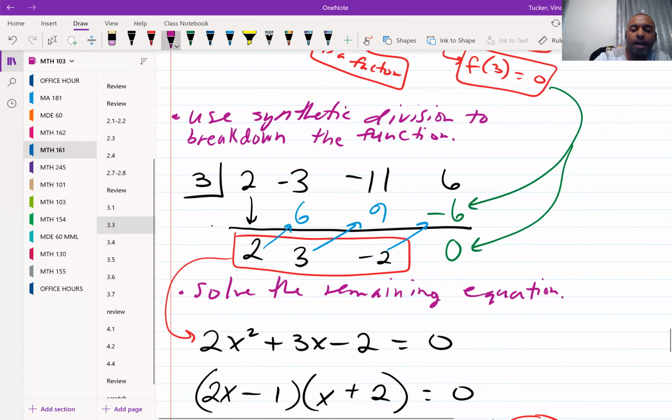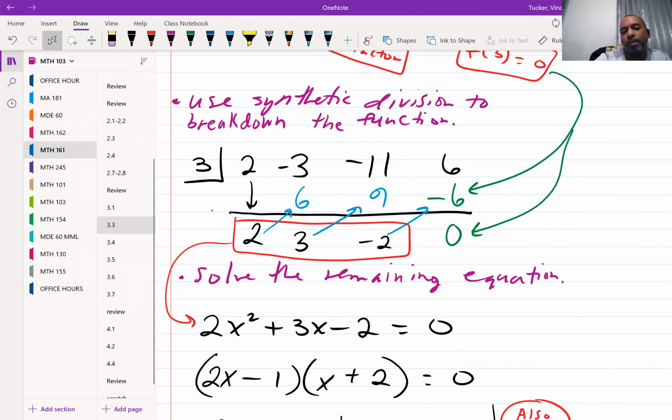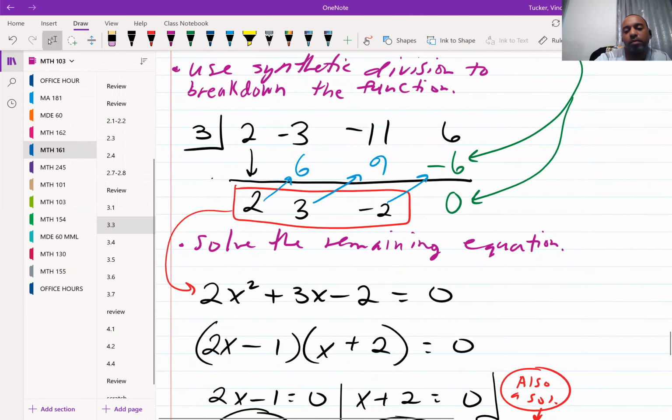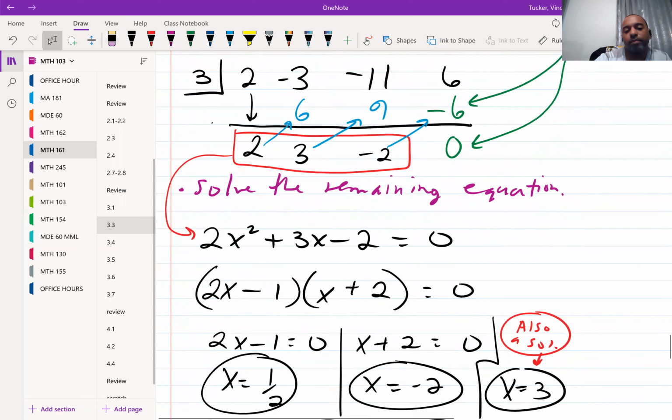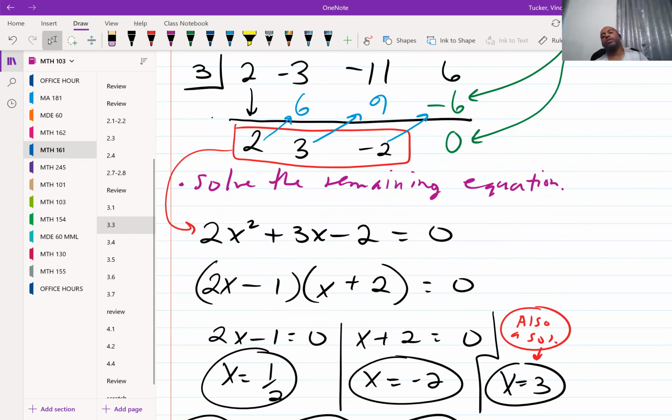So I decided to go ahead and factor that. 2x minus 1, x plus 2. So if you solve those two, that'll give you x equal to 1/2, and then x equal to -2.